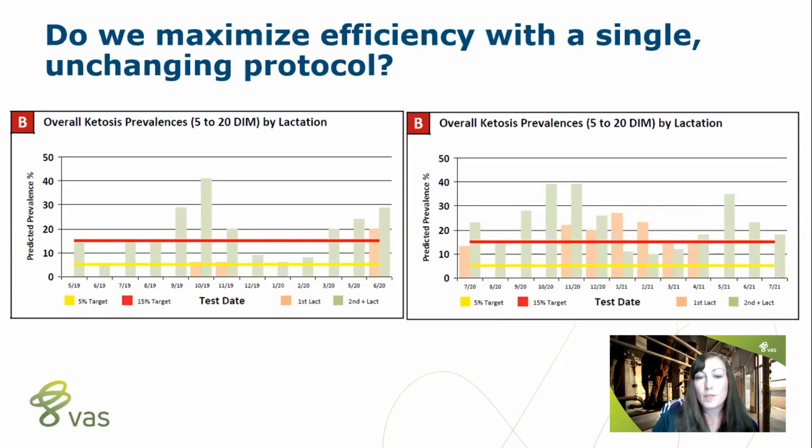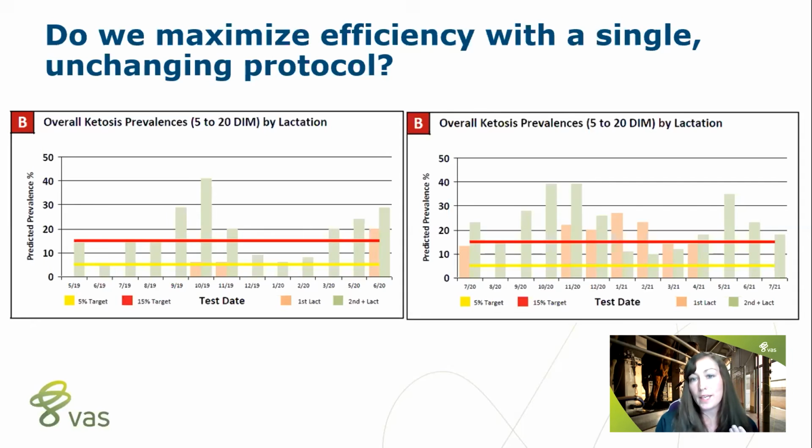So if we examine how we choose to blood test cows, how often we're checking these cows, who we're checking, if we used a single protocol that we developed in January of 2020, or a single protocol that we developed in October of 2020, are we going to be hitting the right cows? And are we going to be hitting them at the right time?